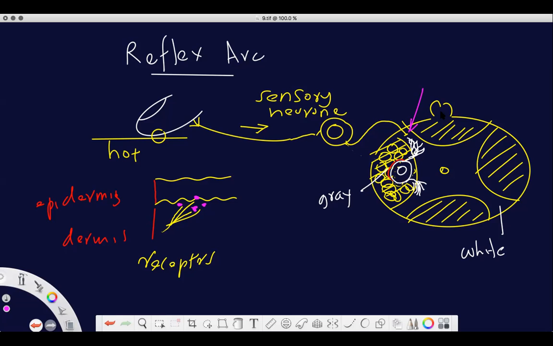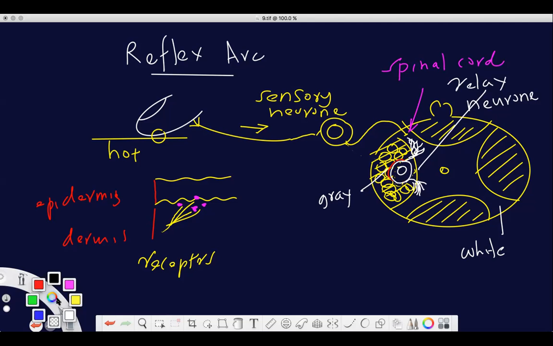So they have a connection, the sensory neurons and the neurons located in the spinal cord. The white color neuron is called a relay neuron. This one is called a relay or intermediate neuron. We use both words, relay or intermediate neuron.